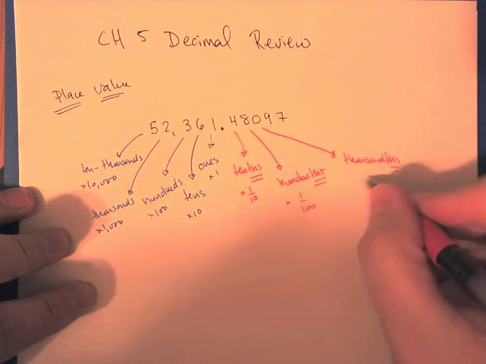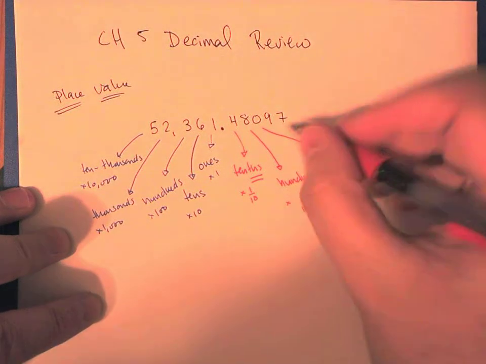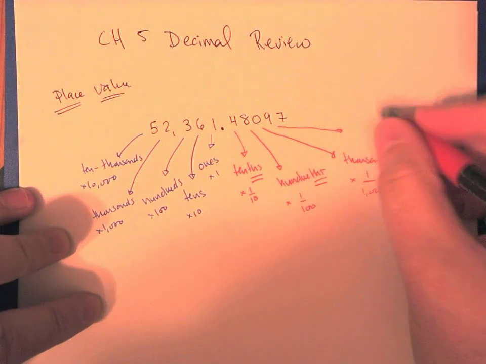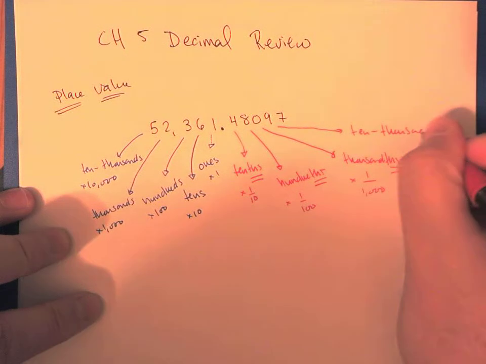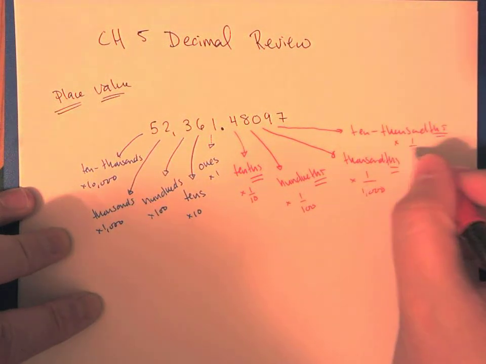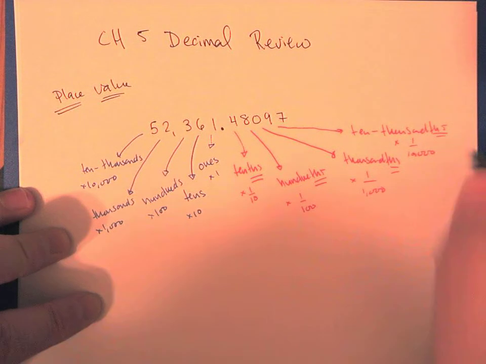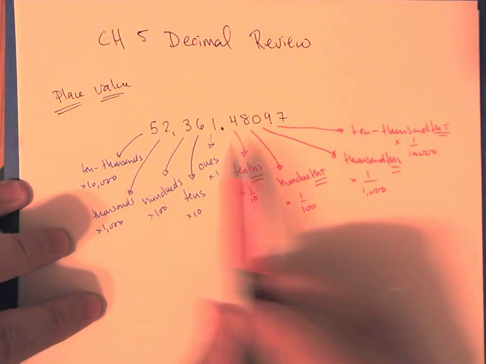Thousandths, times 1 over 1,000. I maybe should have spread these out a little bit more. Ten thousandths, times 1 over 10,000. You're going to notice here I essentially evened these out, 5 to the left, 5 to the right.